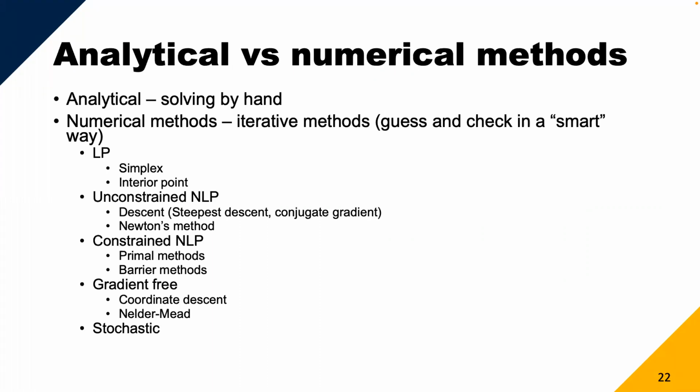So the ways that I had just gone through when we do it by hand, those are what are known as analytical solutions. And so analytical solutions are always going to give you the exact answer.